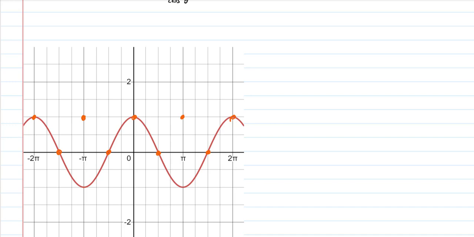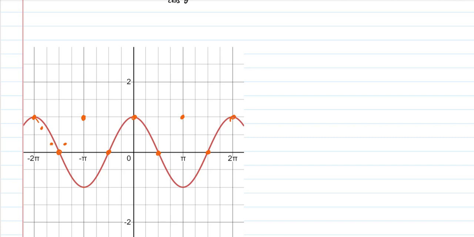So, for example, when you square this half, you actually get 0.25. And when you square this half, you get 0.25. When you square this root 3 over 2, which occurs about here, you get 3 over 4, which is about there.